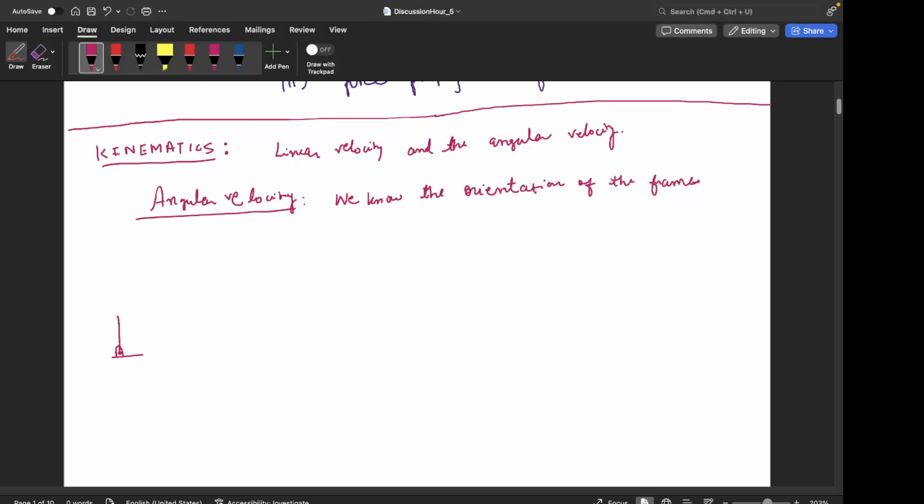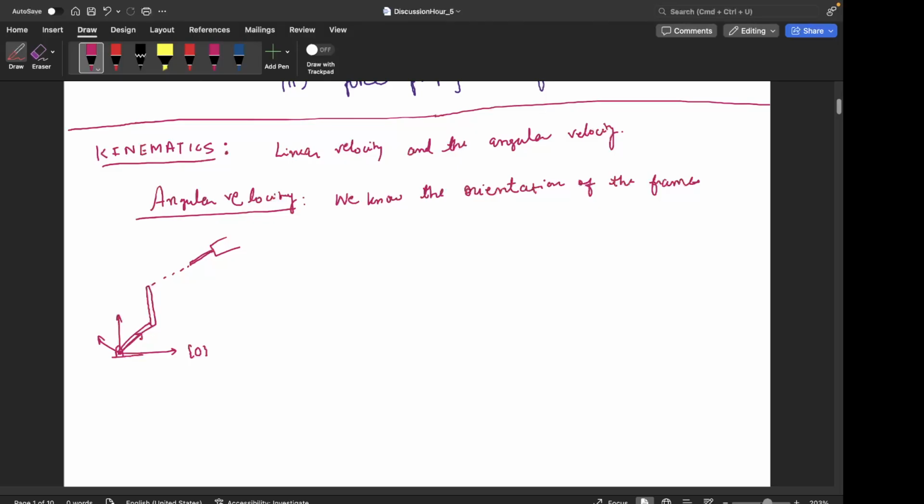As we have been doing till now, we assign frames. This is the fixed frame, then let's say this is the first link, then this is the second link, and so on and so forth, and this is the last link which has the end effector, right?